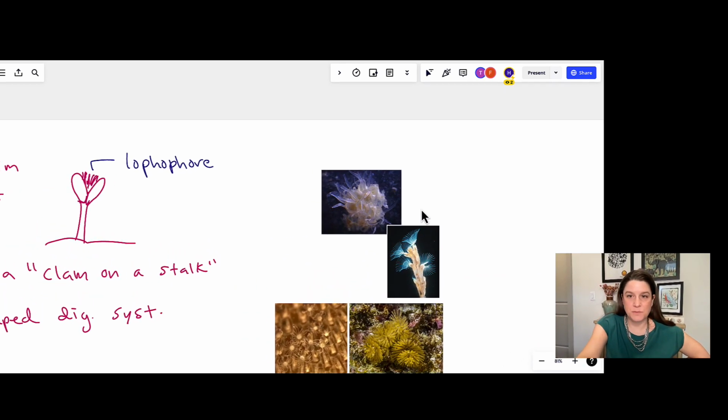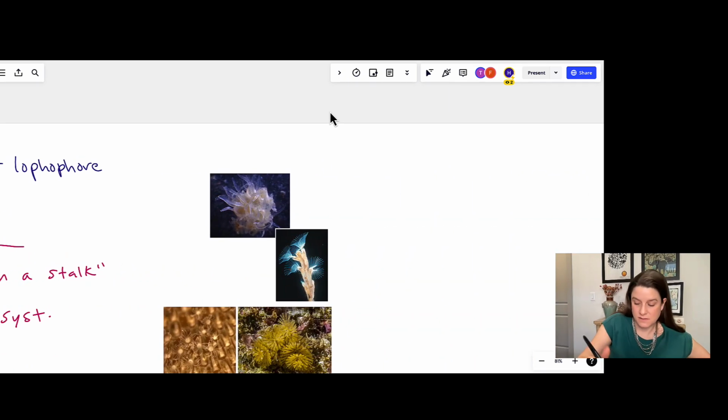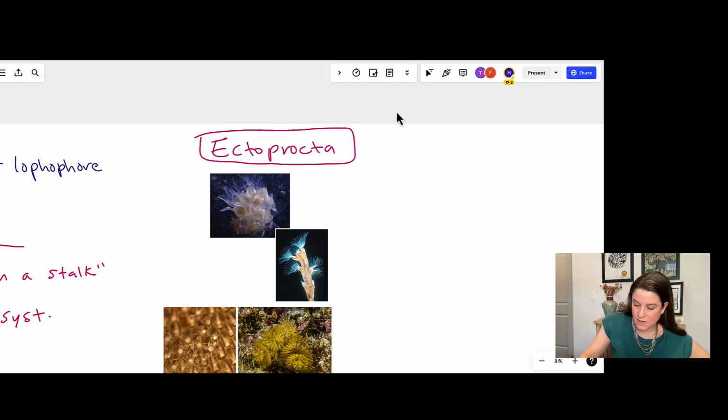Then we have this group, which we call, the most recent name is the Ectoprocta. But a classic name that people would talk about was the Bryozoa. So you might hear people still refer to that.